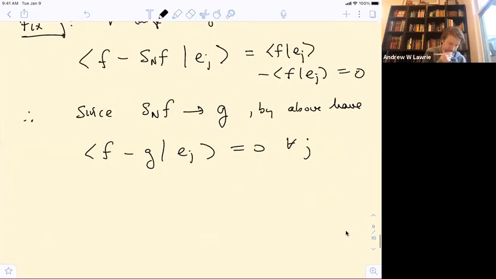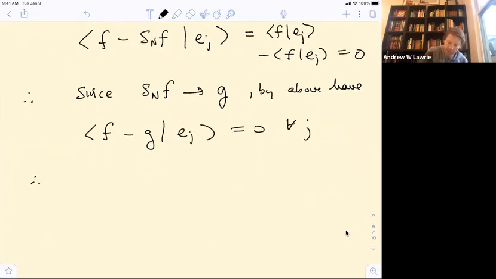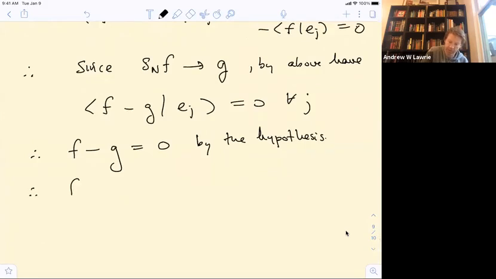Okay, so therefore, f minus G is equal to 0 by the hypothesis. So therefore f equals G, and f is expressible, in the sense of norm, as the sum of the e_k terms.